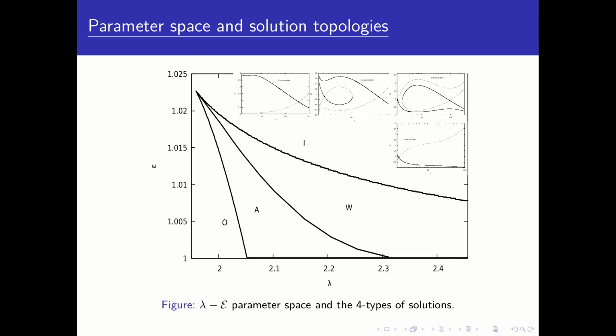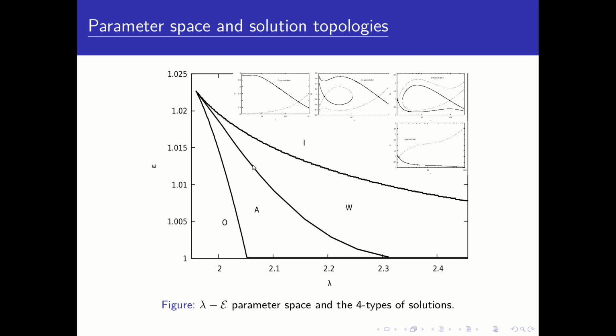In this figure, we plotted the four types of solution, and we also plotted the parameter space where these four types of solution exist. The I type solution represents this type of solution, and this type of solution exists in this region. Here we get only one critical point, and for the O type we also get one critical point.